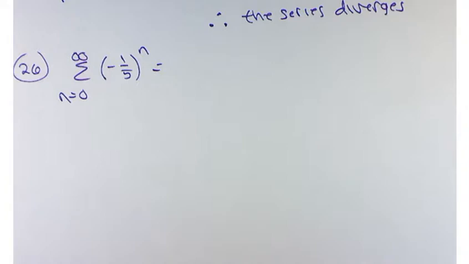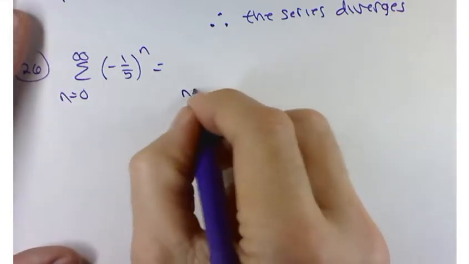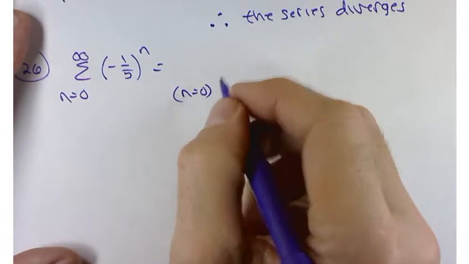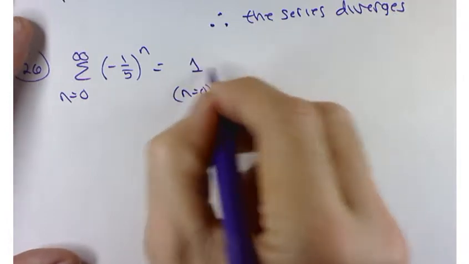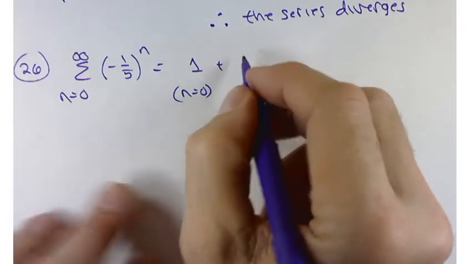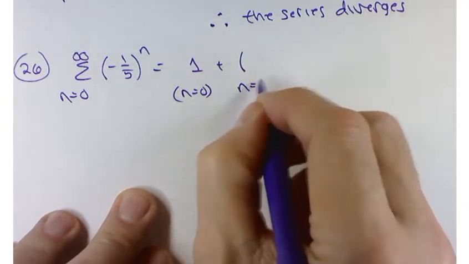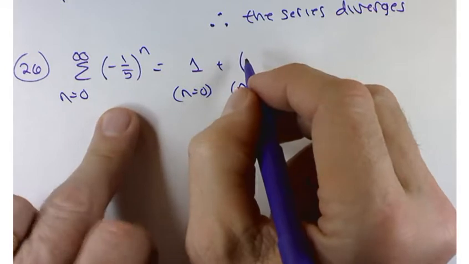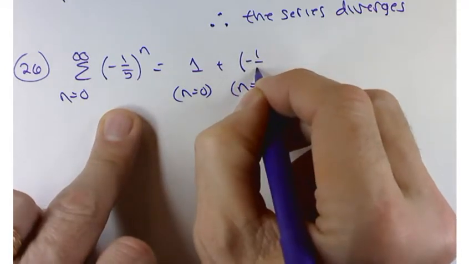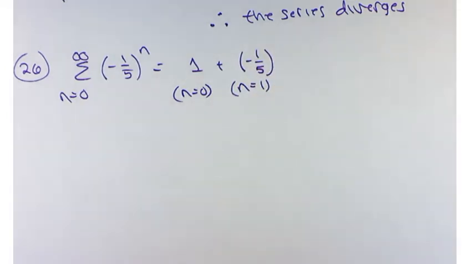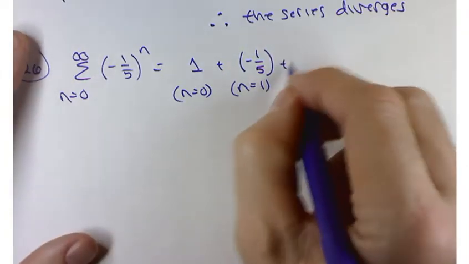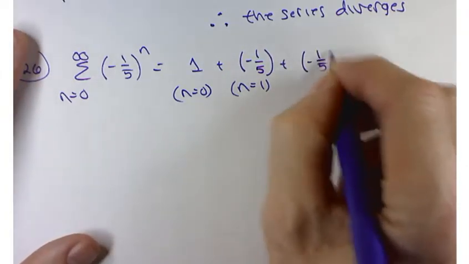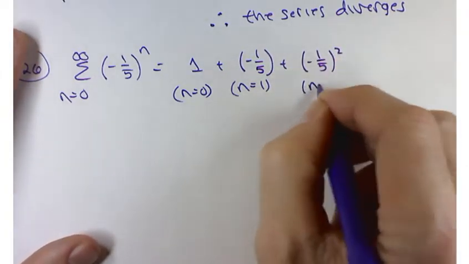Andrew C. What's the first term going to be when n equals 0? Yeah, just a 1. And then the next term at n equals 1, what would that equal? Yeah, negative 1 over 5. And then from there, negative 1 over 5 squared, and so on.